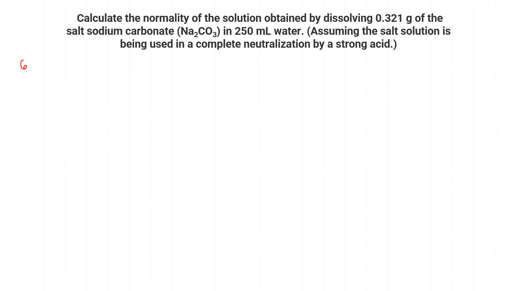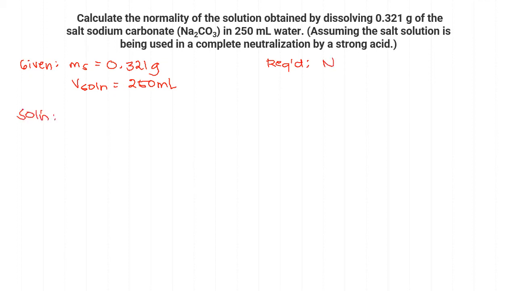Let's start our solution by writing our given. The mass of our solute is equal to 0.321 grams, and the volume of our solution is 250 ml. We are required to calculate for our normality. Let's write the general formula for our normality.